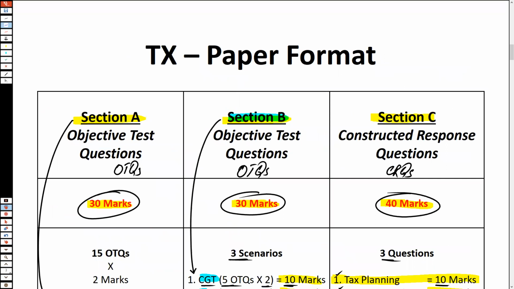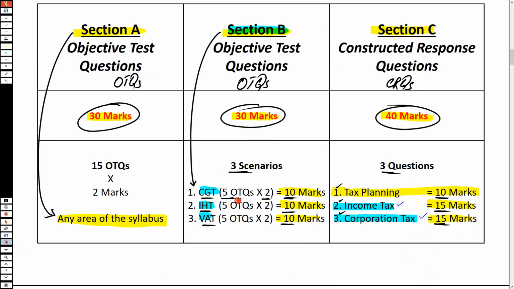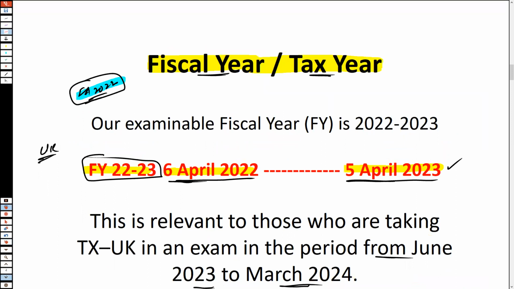Sections A, B, and C are asked, and 60 marks are in fact defined: a 15 mark question will be asked for income taxes, 15 marks for corporation taxes, 10 marks for CGT, 10 marks for IHT, and 10 marks for value added tax. For the remaining 40 marks, like tax planning and the Section A type questions, we are not aware which kind of questions will be asked.